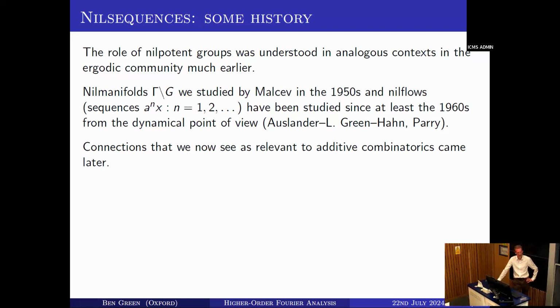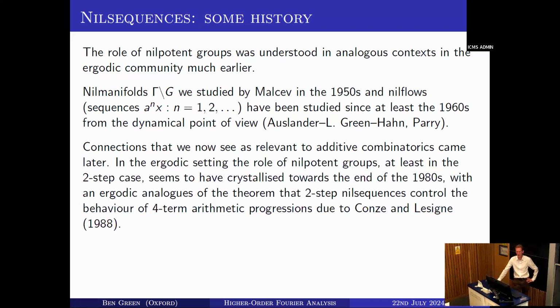Anything that we could now see as potentially relating to additive combinatorics came a bit later than that, in the 1980s. It's this work of Conze and Lesigne from the 1980s that seems to really crystallize some sort of ergodic version of the statement that two-step nil sequences have something to do with four-term arithmetic progressions. Nowadays, we'd see that as going via the Gowers U3 norm. They didn't have anything like a Gowers U3 norm.